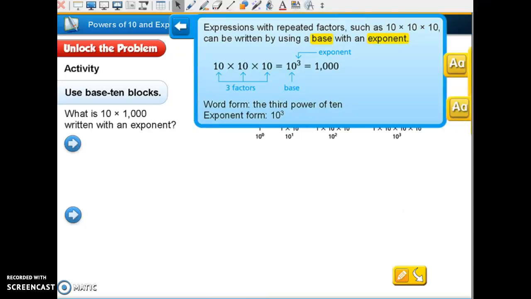Expressions with repeated factors such as 10 times 10 times 10 can be written using a base with an exponent. 10 times 10 times 10, 3 factors in our multiplication sentence. The base is 10, that's the number that we're multiplying each time. We multiplied it 1, 2, 3 times.